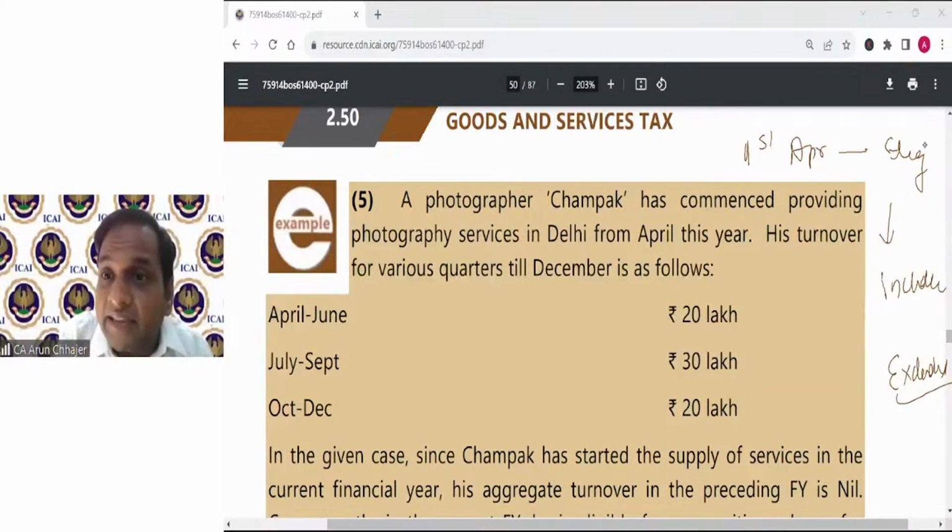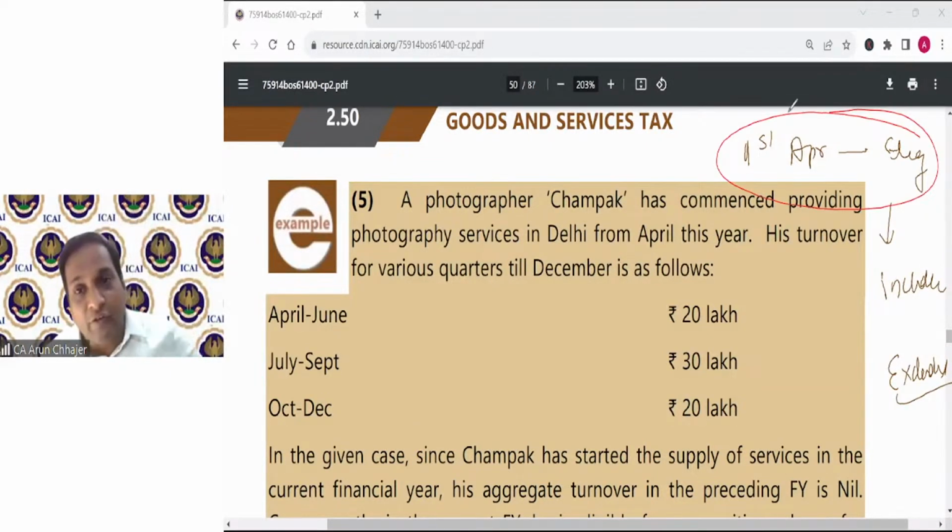For determining the eligibility. What is the meaning of eligibility? We know that composition dealer can make the supply maximum 1.5 crore, 75 lakhs, 50 lakhs, etc. as the case may be. Now, that would include the turnover prior to taken the registration also, prior to before the eligibility also.